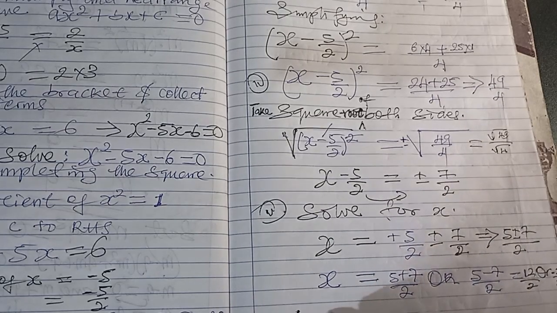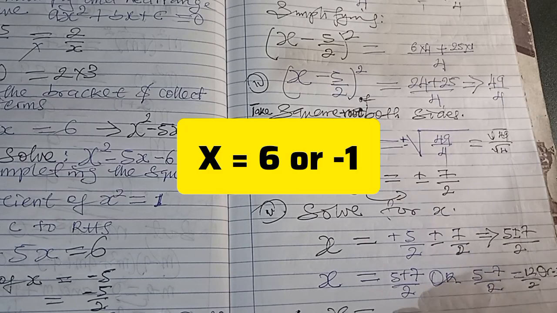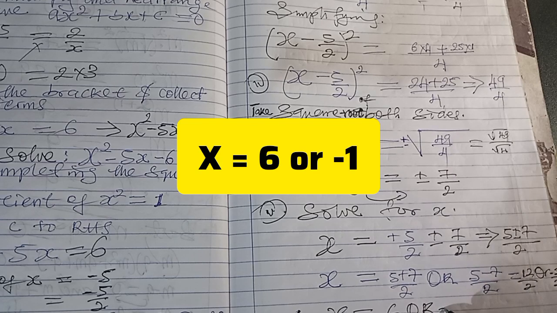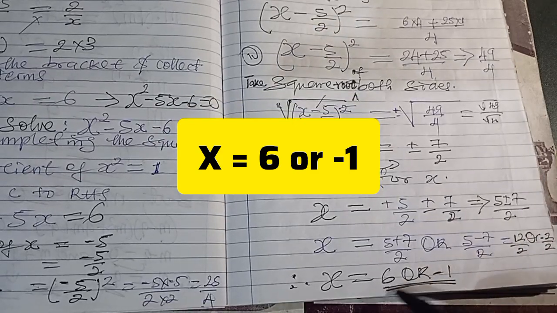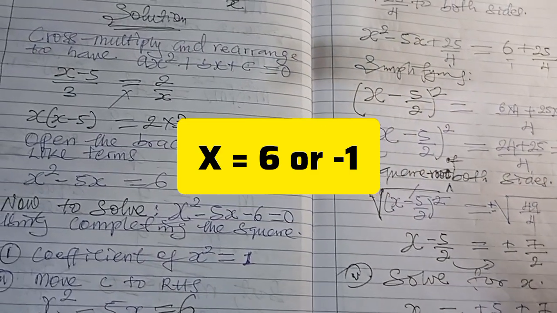Therefore, x is equal to 12 divided by 2 is 6, or minus 2 divided by 2 is what? Minus 1. Alright, so this is the value, x is equal to 6 or minus 1.